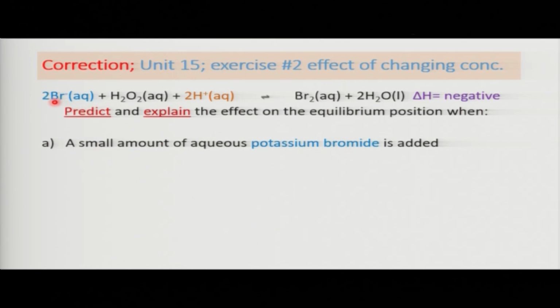So it will bring in bromide ions, making the reactant side, as you see my highlighter, be in higher amounts than the product side. And that will disrupt the equilibrium.